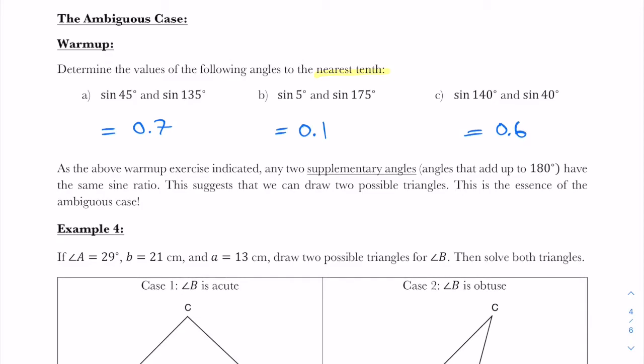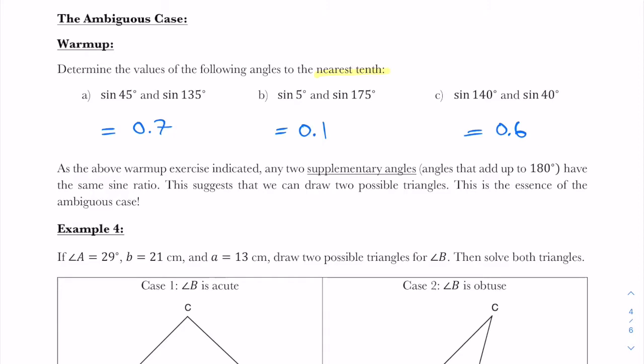We actually looked at this when we learned about the CAST rule, and please also notice that in all three examples, the two angles are supplementary. In other words, they add up to 180 degrees. So what we're seeing here is that the sine of any two supplementary angles will always produce the same value.